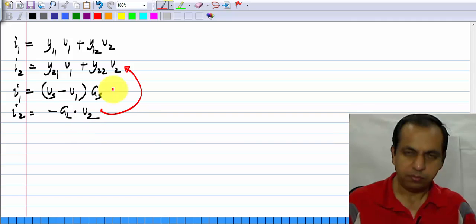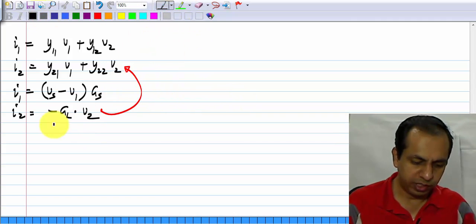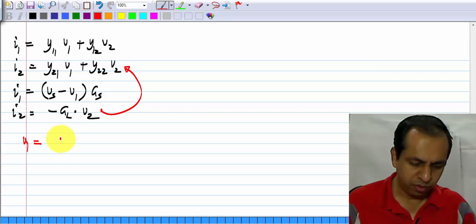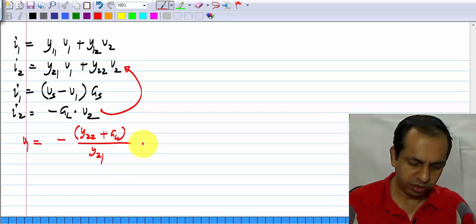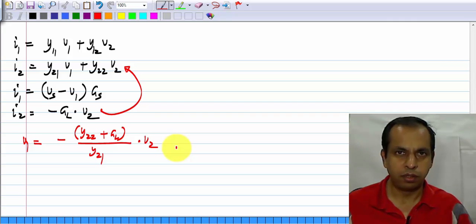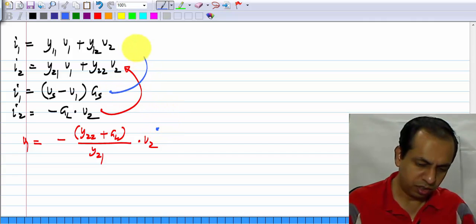So by substituting this into that one, we will get a relationship between V1 and V2. So we will see that we will get V1 to be equal to minus Y22 plus GL divided by Y21 times V2. Okay.